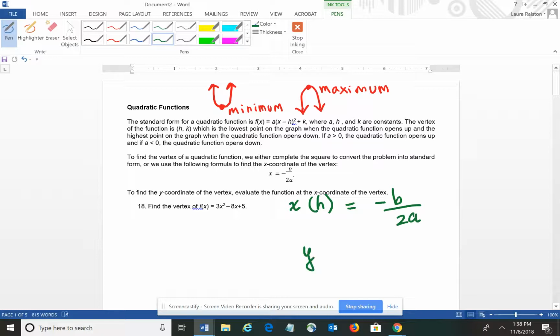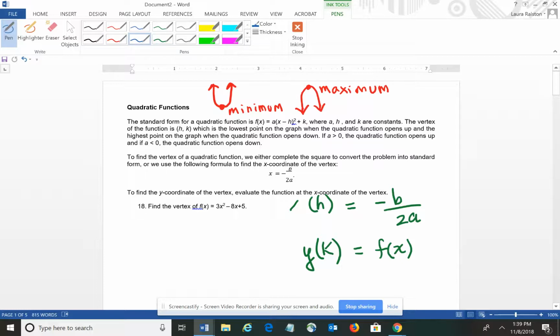Then to find the y coordinate of the vertex, which is often referred to as k, you actually substitute the value you found for the x or the h back into the problem. And that gives you the ordered pair that corresponds to the vertex, which is your low point or your high point of your parabola.